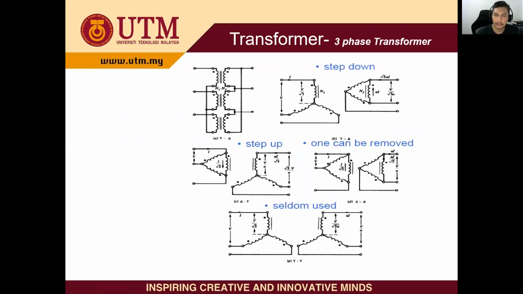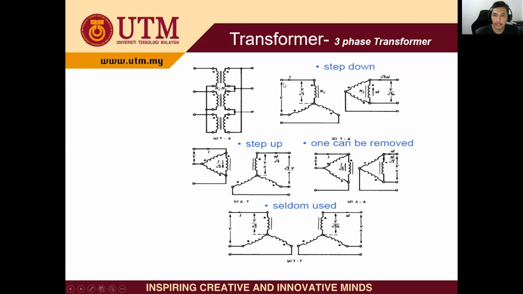This is the relationship between the line voltage, phase voltage, line current, and phase current. For example, this is for the Y to delta connection. We have the V line here. To transfer to the secondary, we need to have the V phase, and the voltage across the secondary is equal to the V phase at the primary.